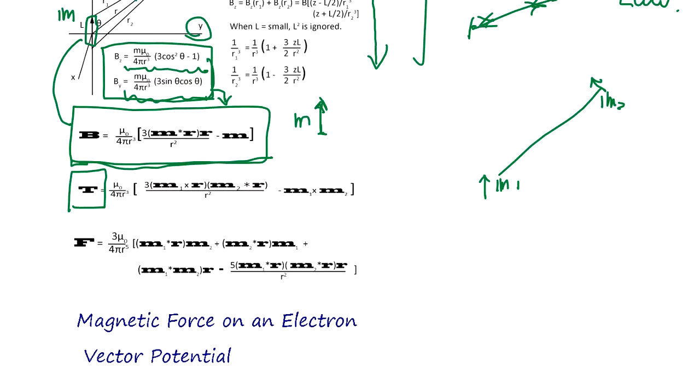It's not like attractive or repulsive. For the torque, you just simply multiply this. It becomes symmetric in m1 and m2, because this one causes a torque on that one, so they are causing torque on each other.